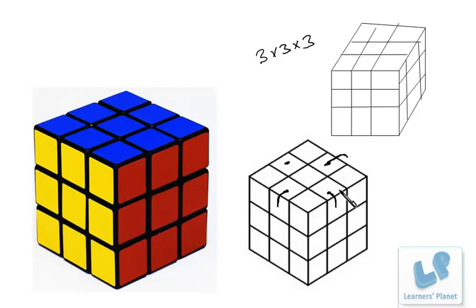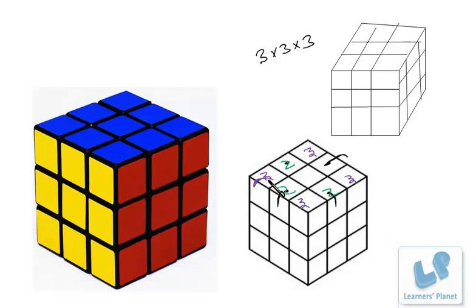From this outer layer, the middle portions will be having two sides colored, right? After that, these corner pieces will be having three sides colored. Three sides, three sides, three sides, three sides. Okay, I just write. These are two sides colored, two sides colored, two sides colored.